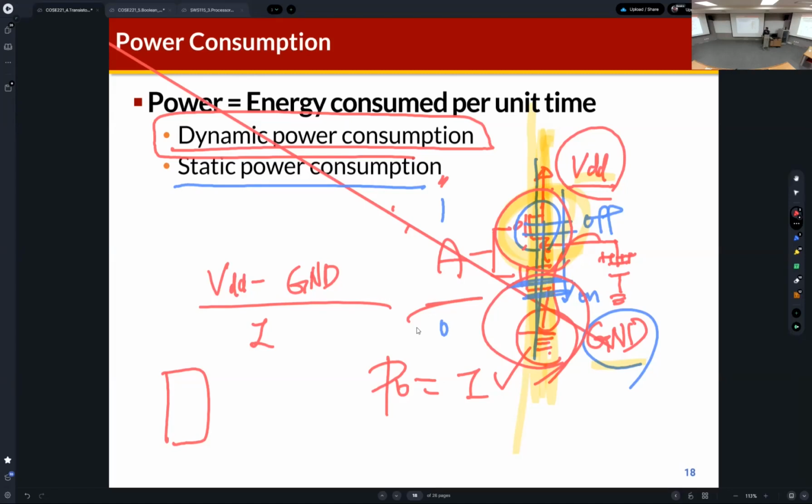There are two kinds of power consumption: the dynamic power and static power. We can calculate the dynamic power when the input and output signals of the circuit change.